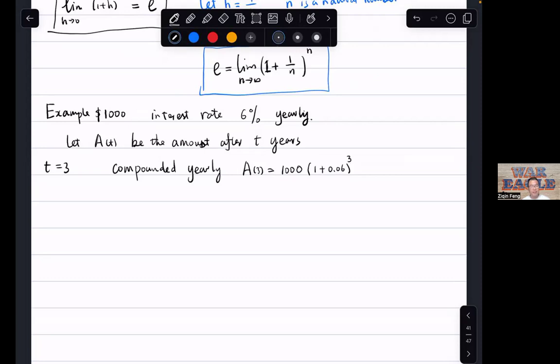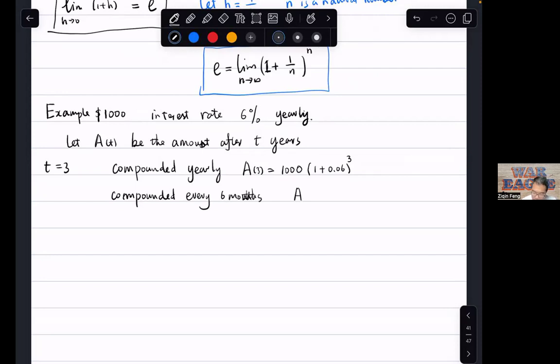If the bank offers compounding half yearly, how do we do that? Compounded not annually, but every 6 months.